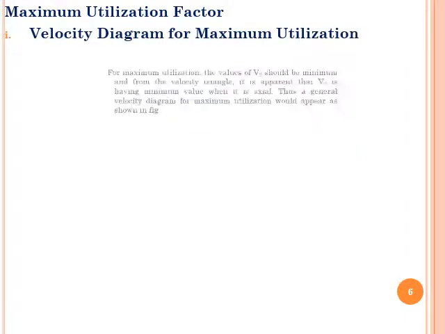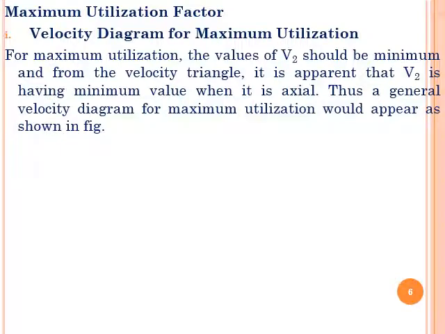Now coming to the maximum utilization factor, the velocity diagram for maximum utilization factor. For maximum utilization, the value of V2, that means the absolute velocity at outlet, should be minimum, and from the velocity triangle it is apparent that V2 has its minimum value when it is axial.